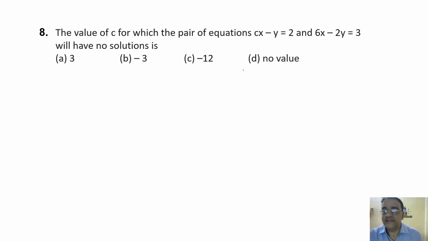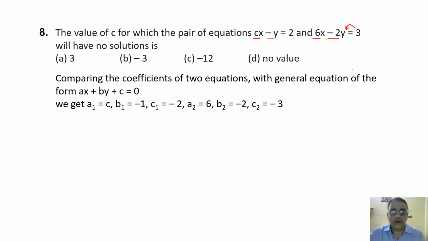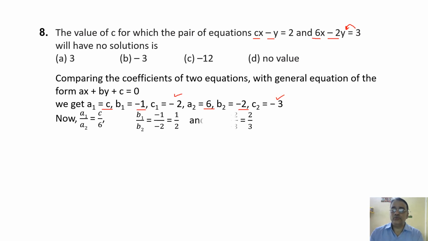First we find a1, b1, c1. a1 is c, b1 is minus 1, c1 is minus 2, a2 is 6, b2 is minus 2, c2 is minus 3. Now a1 upon a2 is c upon 6, b1 upon b2 is minus 1 upon minus 2, which is 1 by 2, and c1 upon c2 is minus 2 upon minus 3, which is 2 by 3.